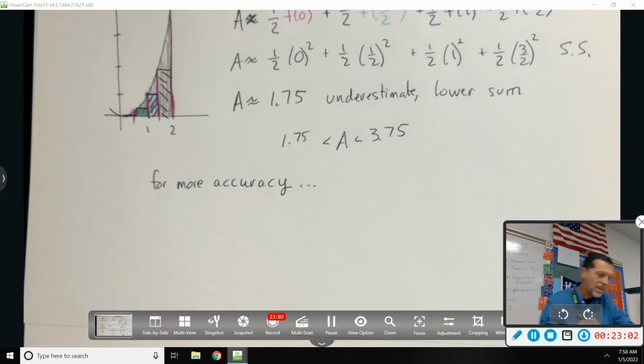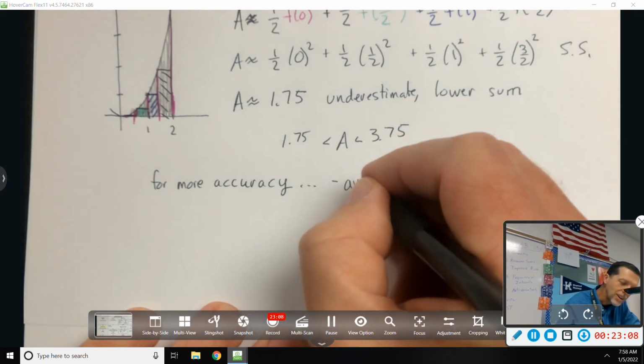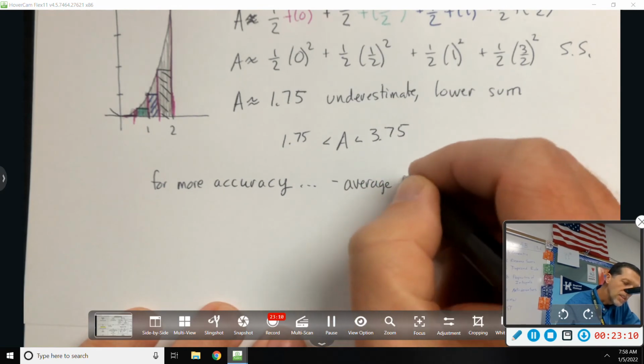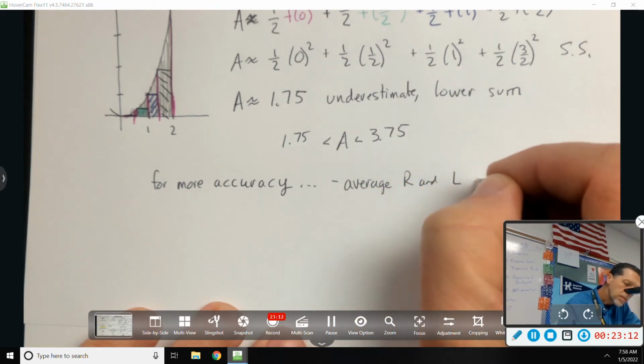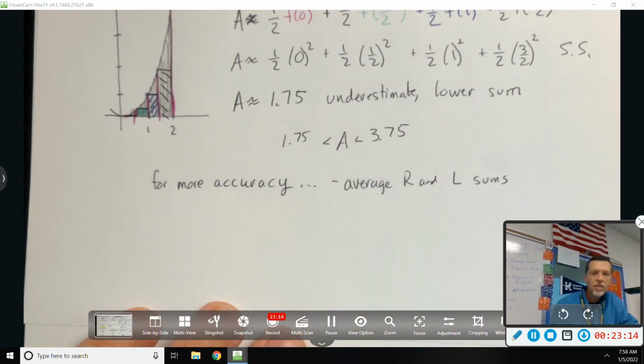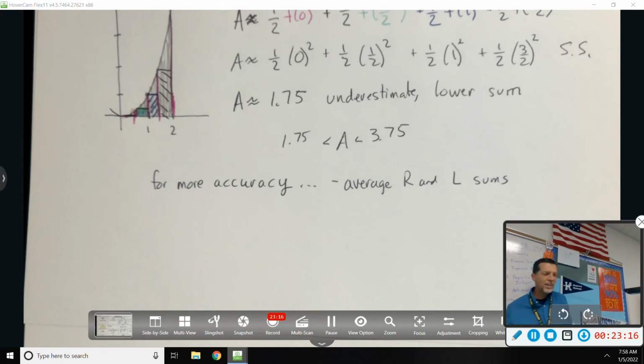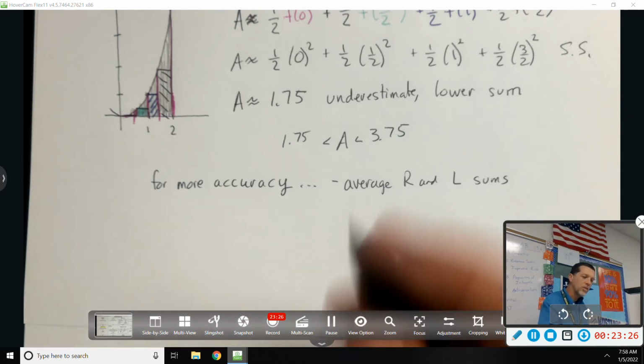Okay, average the right and the left. I don't know that would be exactly it because it's curved, so it's probably not still exactly right, but I feel like that would be pretty close. So that would be a good way to go. You could take an average of the upper and lower sum, or the average of the right and left sum.